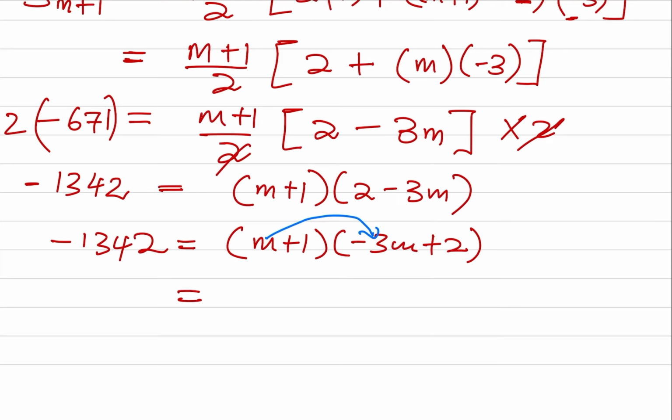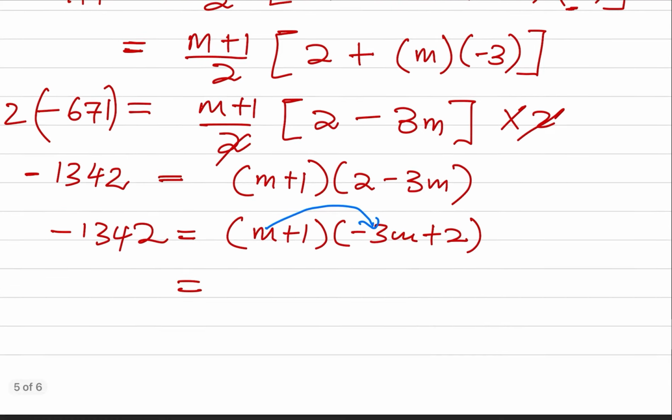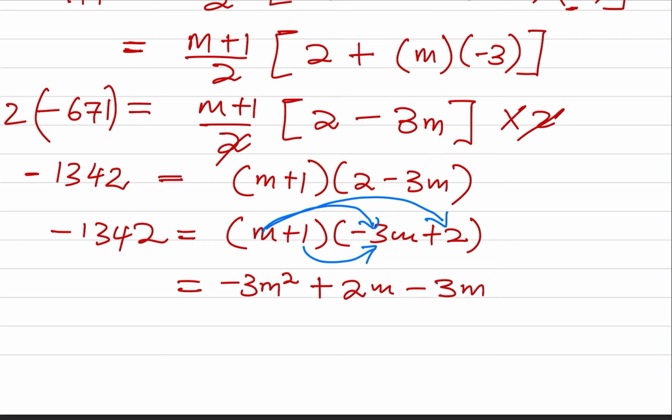That times that, m times negative 3m, I'm going to have negative 3m squared. m times 2, I'm going to have plus 2m. 1 times negative 3m, I'm going to have minus 3m. 1 times 2, I'm going to have plus 2.